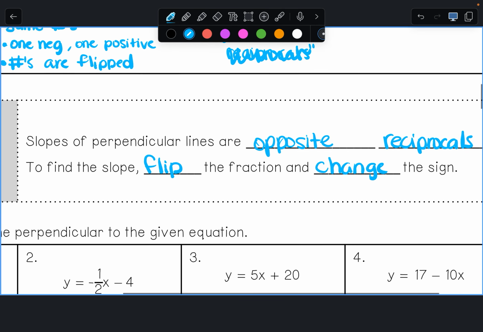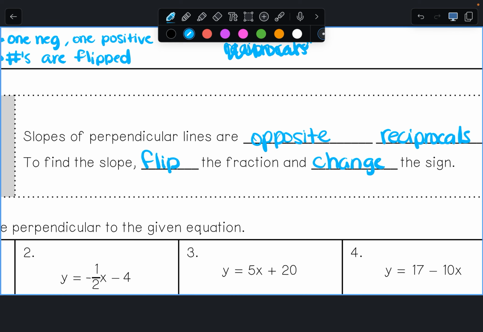So we use the acronym, and you guys have used this acronym for something totally different, but in algebra we use KFC. Keep, flip, change. You keep the same numbers, flip them, change the sign.